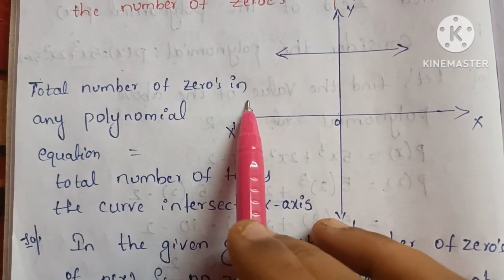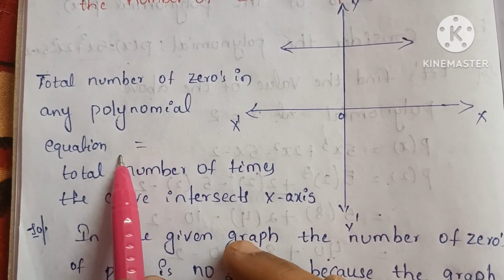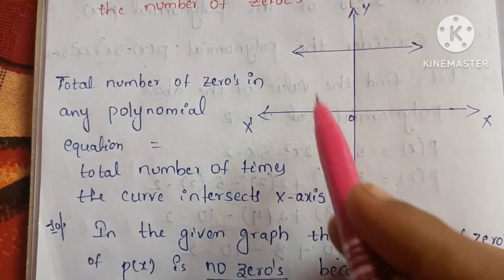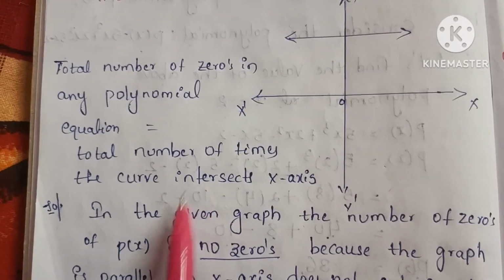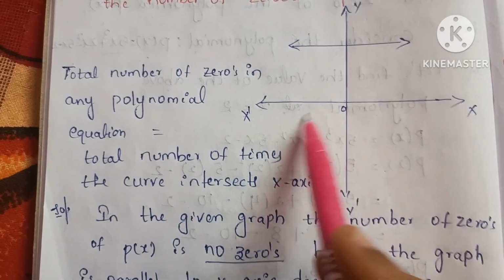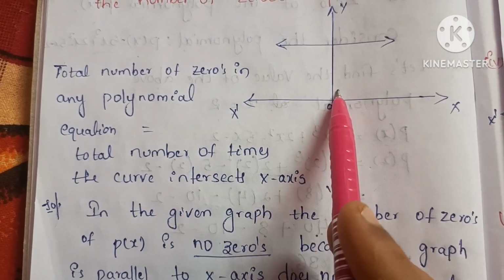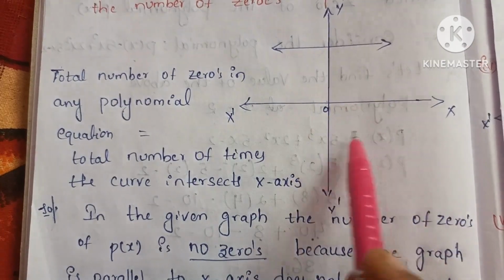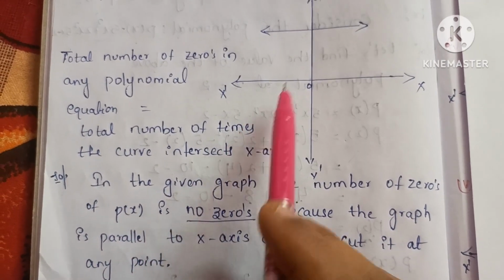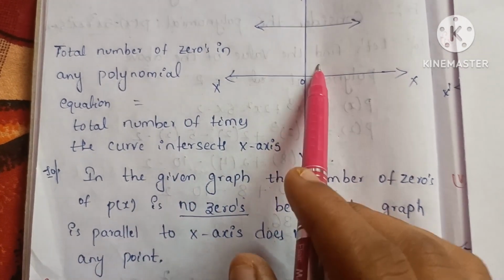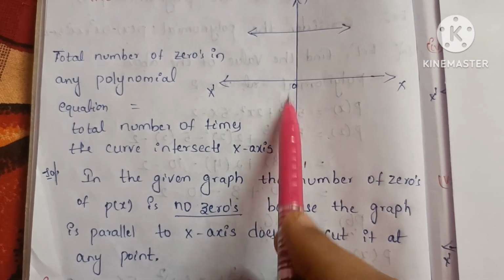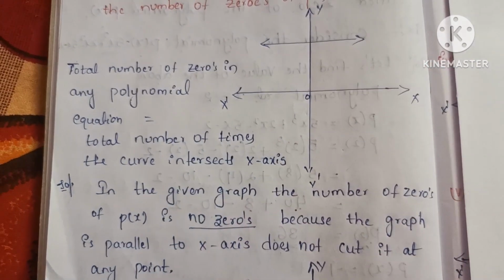The total number of zeros of any polynomial equals the total number of times the curve intersects the x-axis. Here the graph does not intersect the x-axis at any point, so there are no zeros in this graph. The number of zeros of p of x is none, because the graph is parallel to the x-axis and does not cut it at any point.